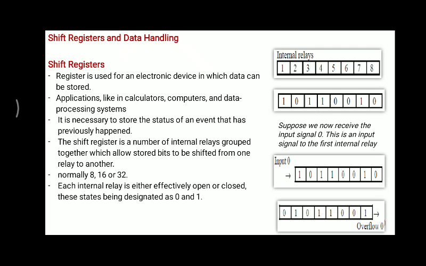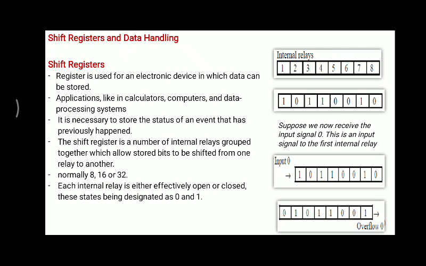You can see here, this is an internal relay with 8 bits. So 1 to 8 are the locations, the addresses for these 8 bits, and it is holding 10111010 like that. This is the on-off, or high-low, status in this 8-bit relay.